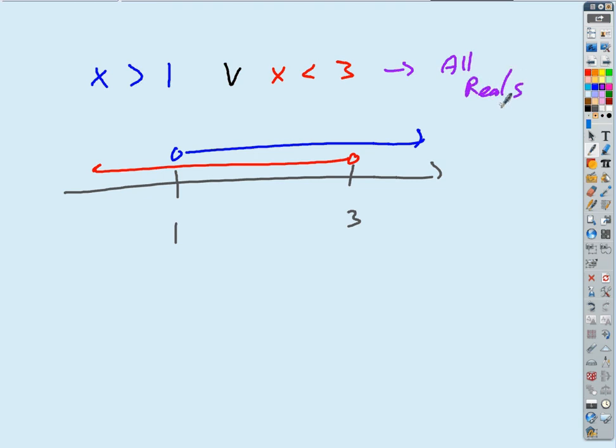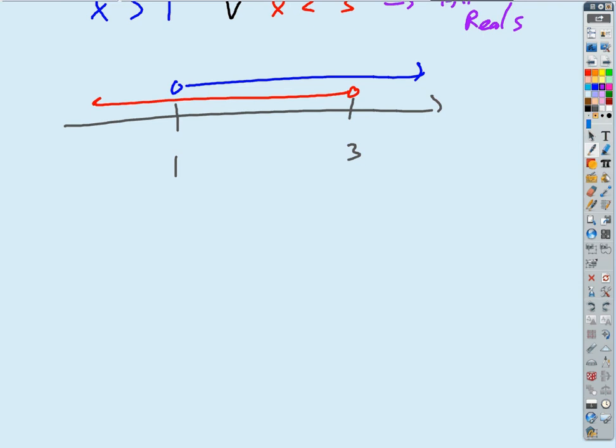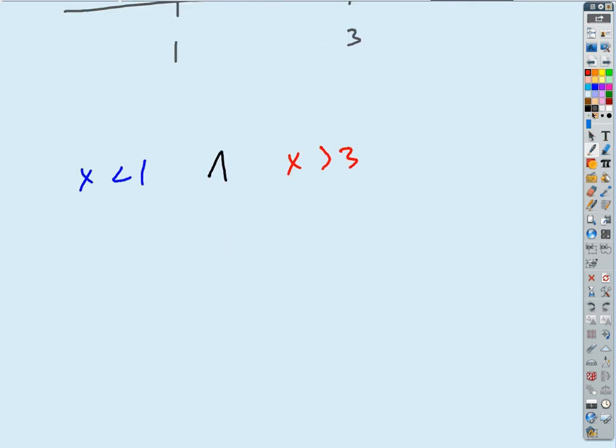Okay, now let's look at another example. What if we said, last one, x is less than 1 and x is greater than 3? What do you think? What's that going to be?